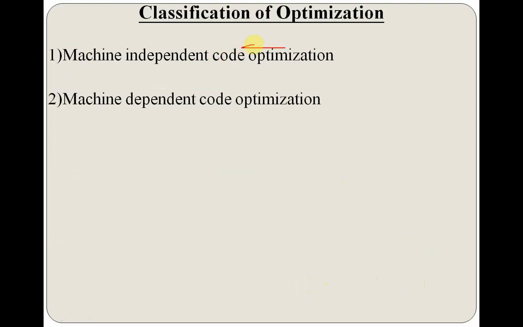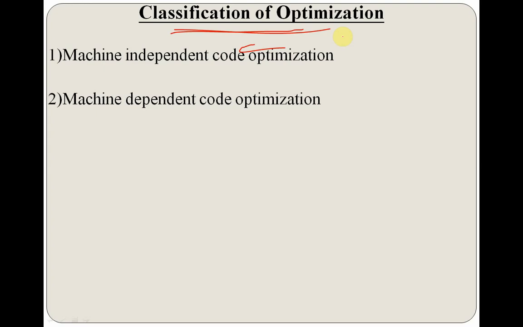Next, classification of code optimization techniques. Based on the application of optimization techniques on the code, we can divide the optimization into two types. The first one, machine independent code optimization.